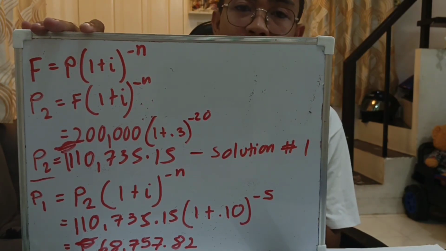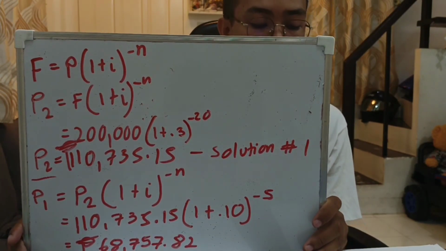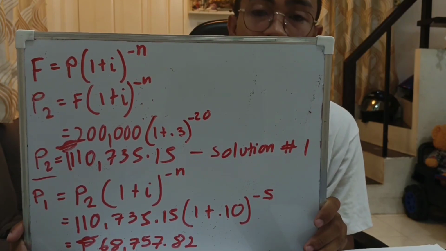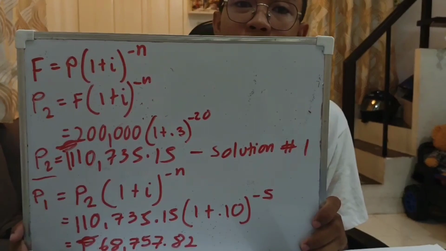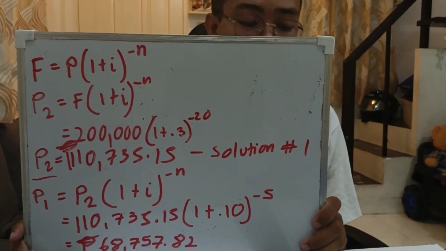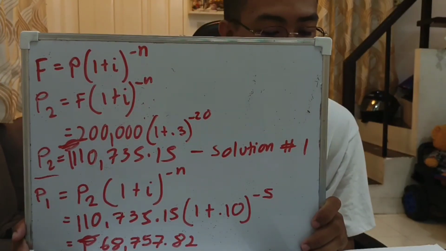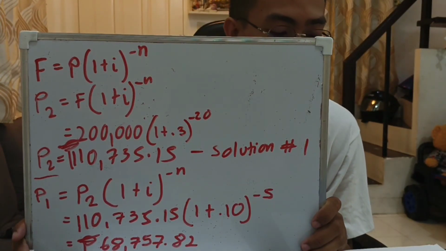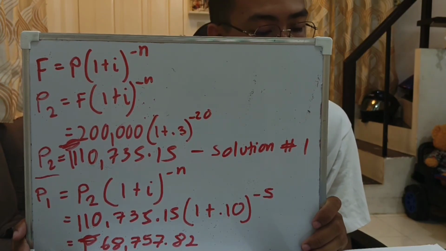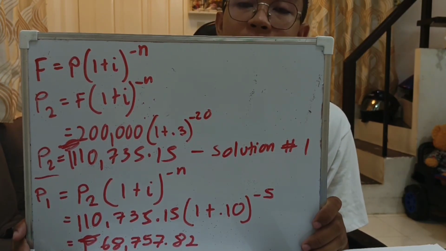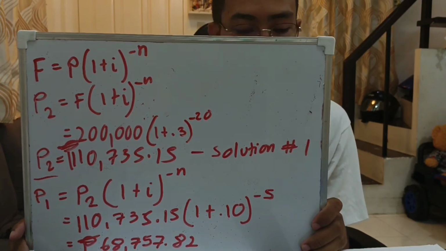It is our future value, times the quantity of 1 plus the interest, which is 12% compounded quarterly, so 12 divided by 4 is 3%, so it will be 0.03. And our n is 5 years, and it is compounded quarterly, so 5 times 4 is equal to 20.